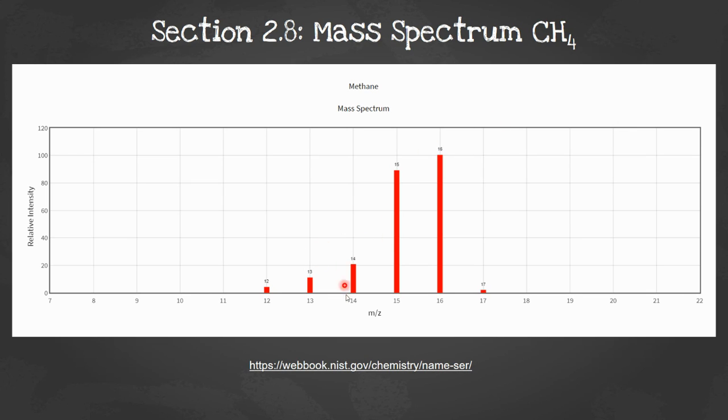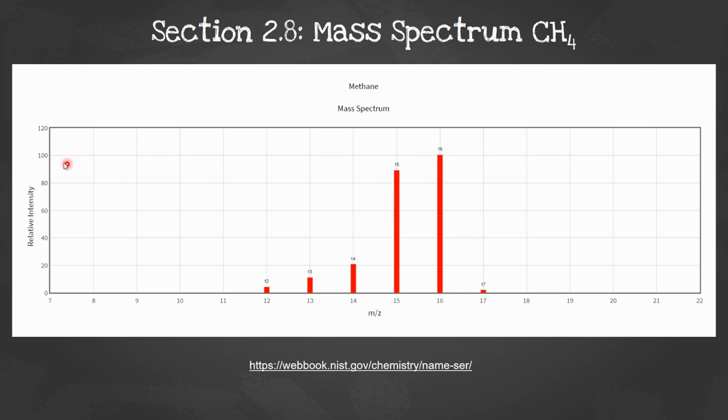Okay, this would be carbon with 2 hydrogens bonded. Carbon and 3 hydrogens, it's more likely that it's going to lose just 1 hydrogen when it's being ionized and form CH3+. And then this is the full CH4 molecule after it's lost its electron and become positively charged.